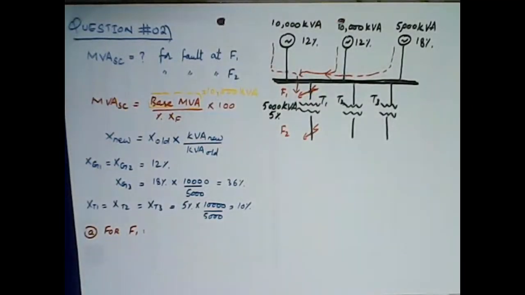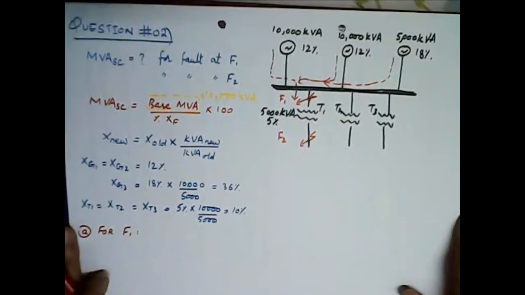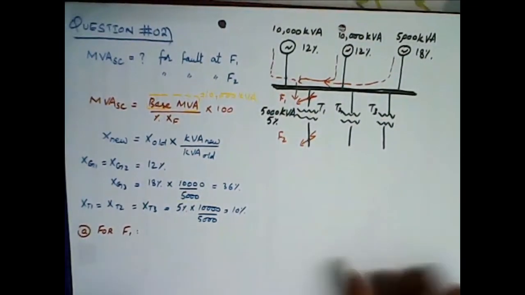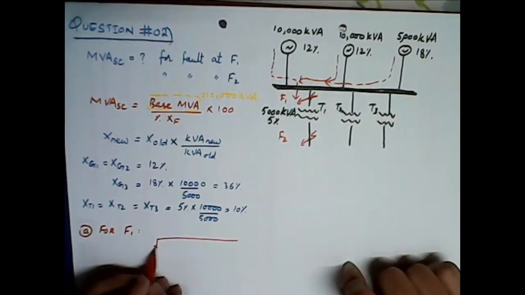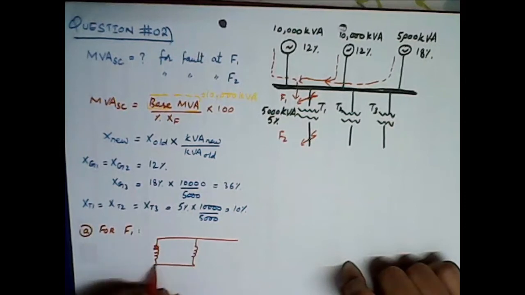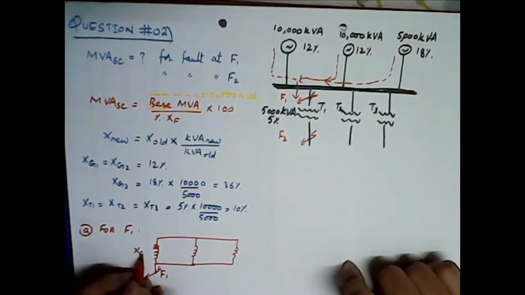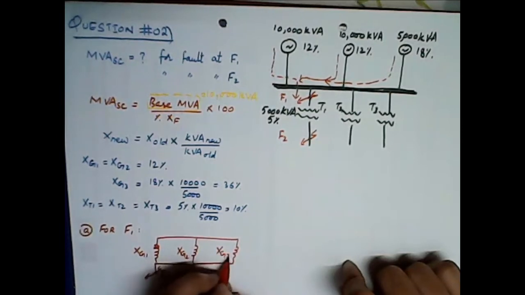So the equivalent circuit will comprise all the three reactances Xg1, Xg2 and Xg3 in parallel, and this is the point.